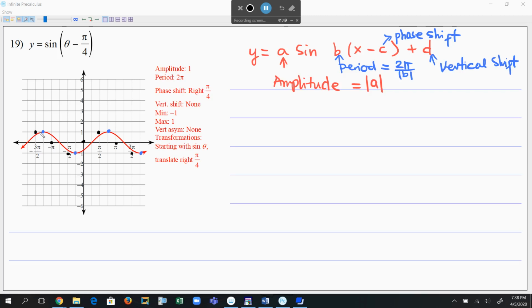You can see right here that the one in black is the graph of our parent function sine theta. Now you just take that and shift it to the right. Every point will shift to the right by pi over 4.